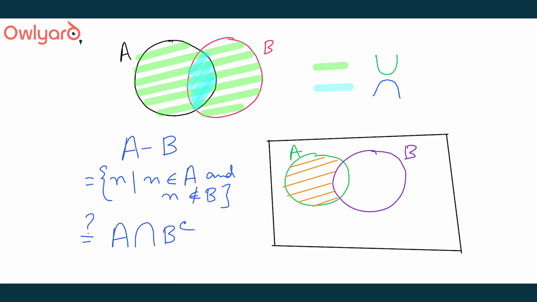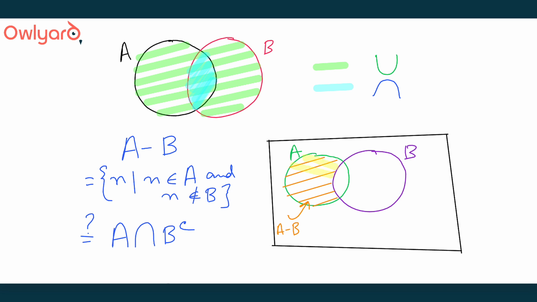Because any point in this region belongs to A but not to B. So this region must correspond to A minus B.